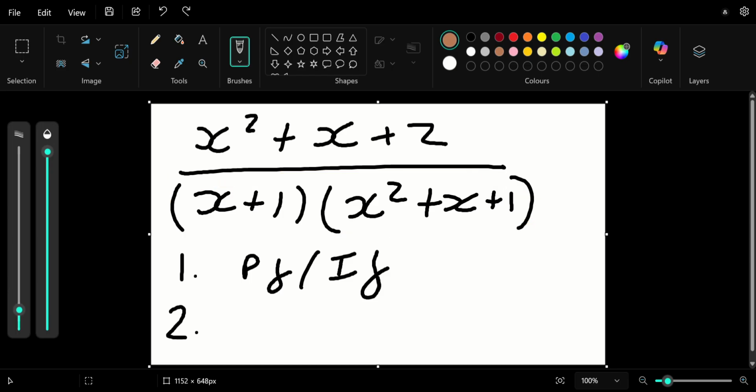So here on the bottom we have a linear and non-repeated factor in x plus 1. Non-repeated, there's only one of it, and linear, which tells us that x can't be equal to -1 as a solution.